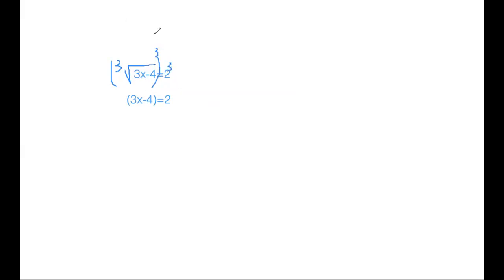So this one is going to be 3x minus 4 is equal to 8. I raised both sides to the power of the index, which is 3. So the power of 3 cancels the cubic root, and 2 to the power 3 is equal to 8.